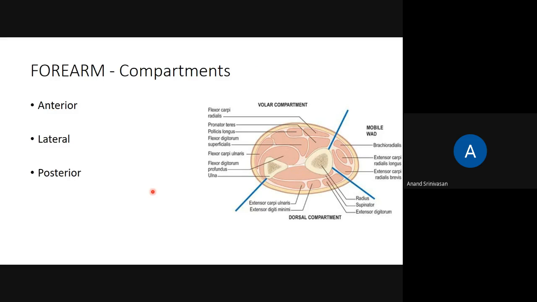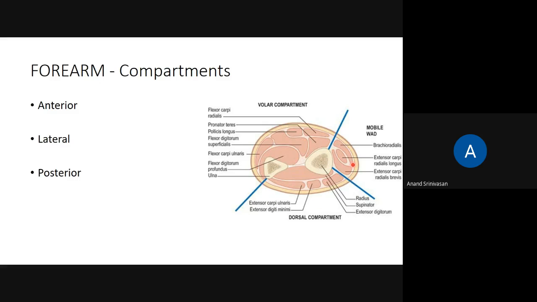Now before we go into these muscles, the muscles in the forearm can be divided into compartments: the anterior compartment, the lateral compartment, and the posterior compartment.